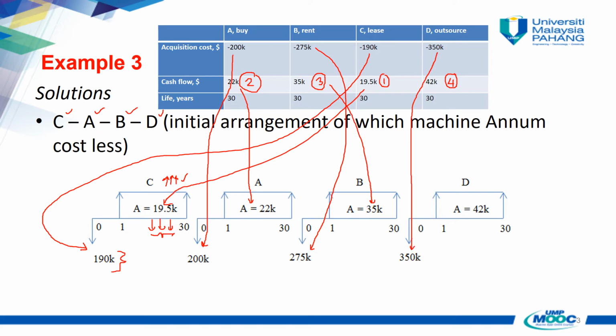Each year the cash flow will become better, 42,000, because there is no operating cost.